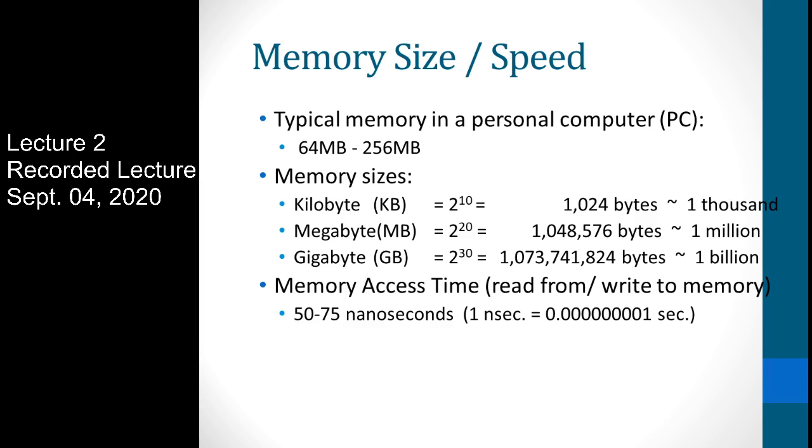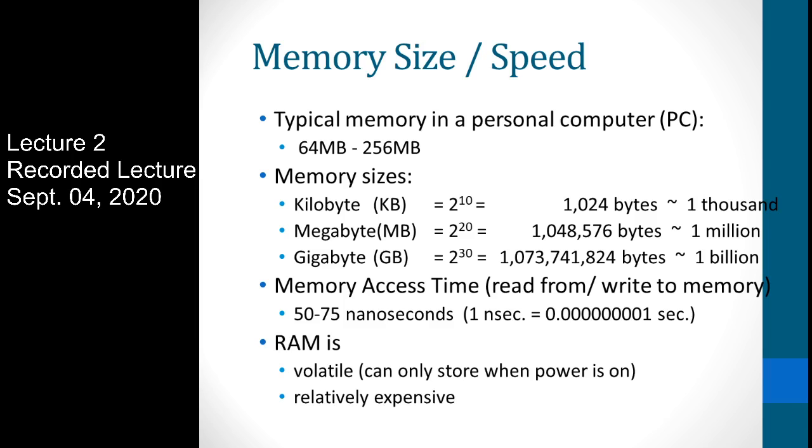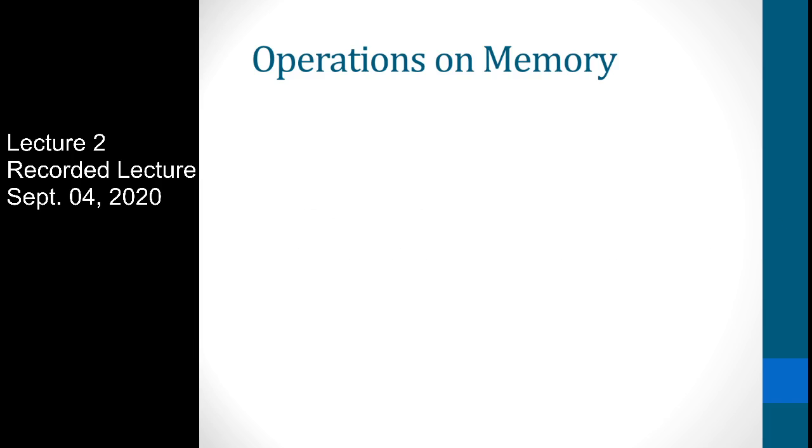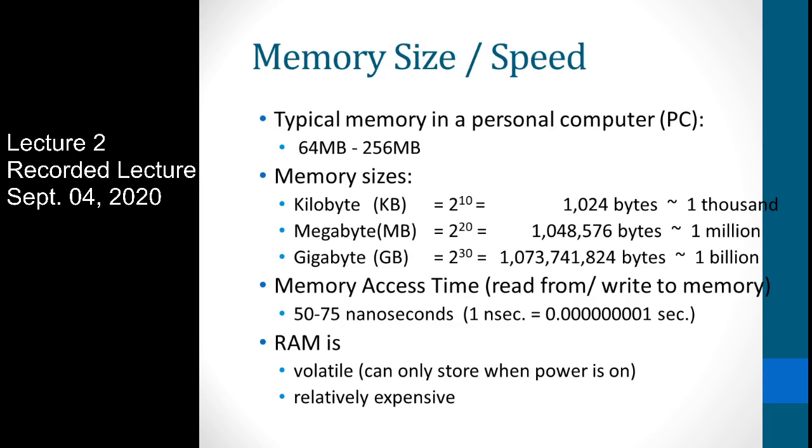So, memory access time, read from and write to memory. So sabi dito 50 to 75 nanoseconds. Okay? 'Di ba? Gaano ba kabilis ang nanosecond? Napakabilis niyan. I think nanoseconds, you're going to divide 1 second in 1 million. That is nanosecond. 'Di ba?